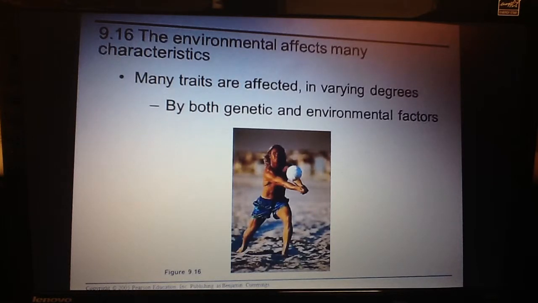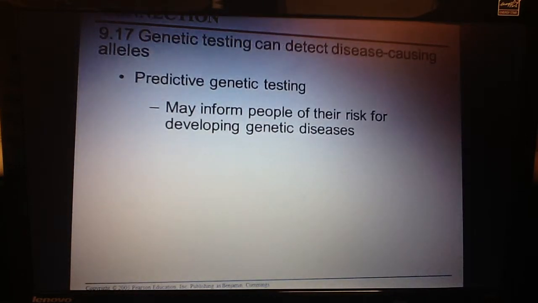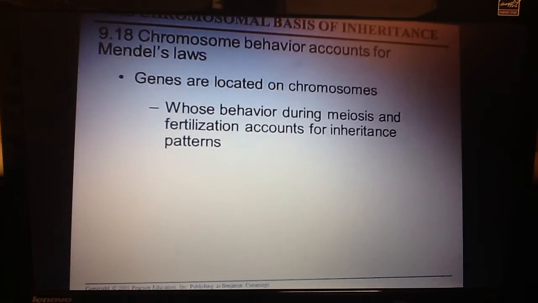If you avoid high cholesterol foods, you may not have high lipoprotein cholesterol in your blood, even if you're missing some receptors. So we have to recognize that genetics and the environment play a role. We do have genetic testing to look at these disease-causing alleles, and that's been a big step for cancer research.